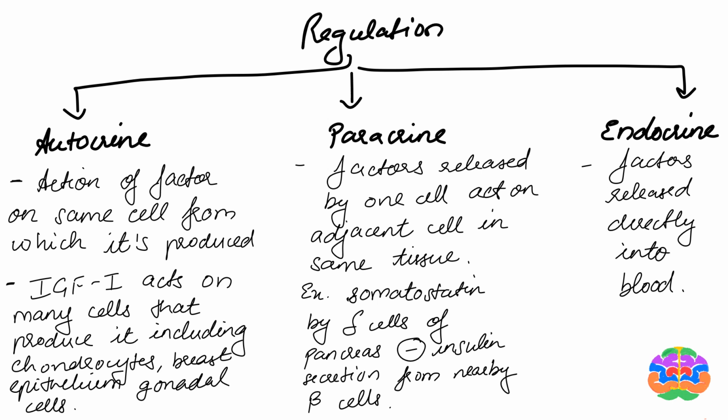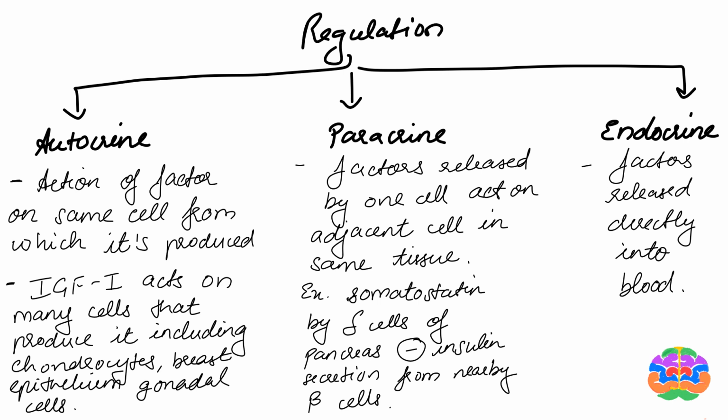Whereas paracrine is where factors released by one cell act on adjacent cells in the same tissue. Example, somatostatin by delta cells of the pancreas, which inhibit insulin secretion from nearby beta cells.